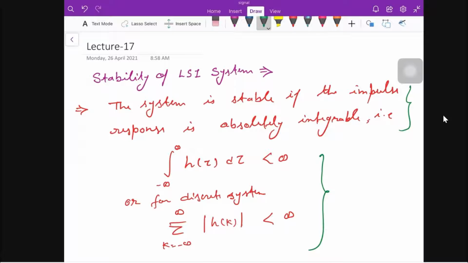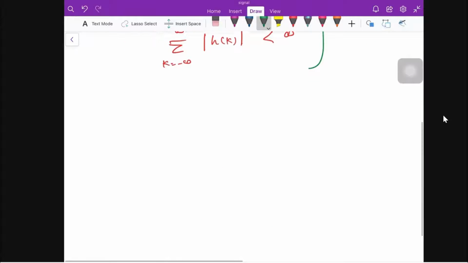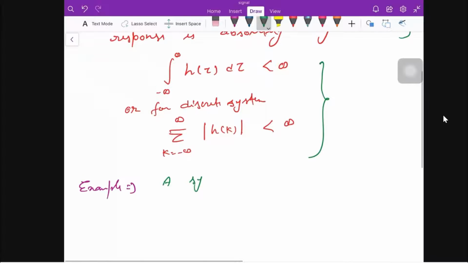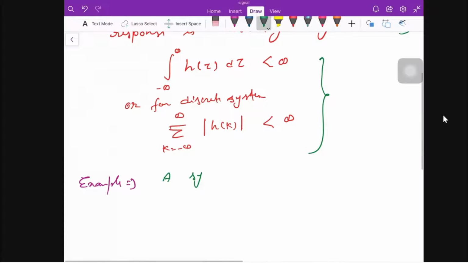Now for example, just take one example. This is the condition you have to remember.